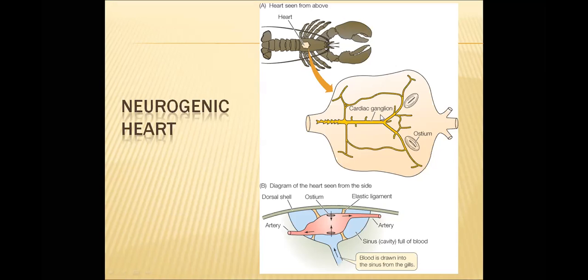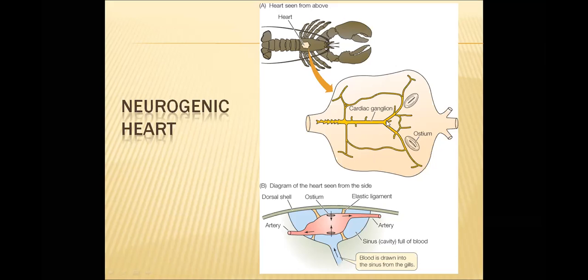These are called cardiac ganglia. These cardiac ganglia are directly connected to the brain. A nerve ring will be there around the esophagus in these organisms. This nervous system sends some special nerves to the heart, and these special nerves form a cardiac ganglion over the heart body.